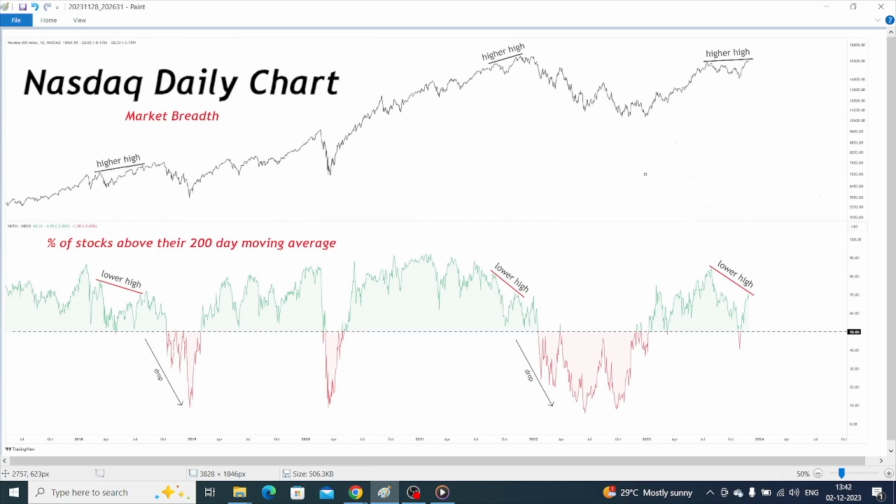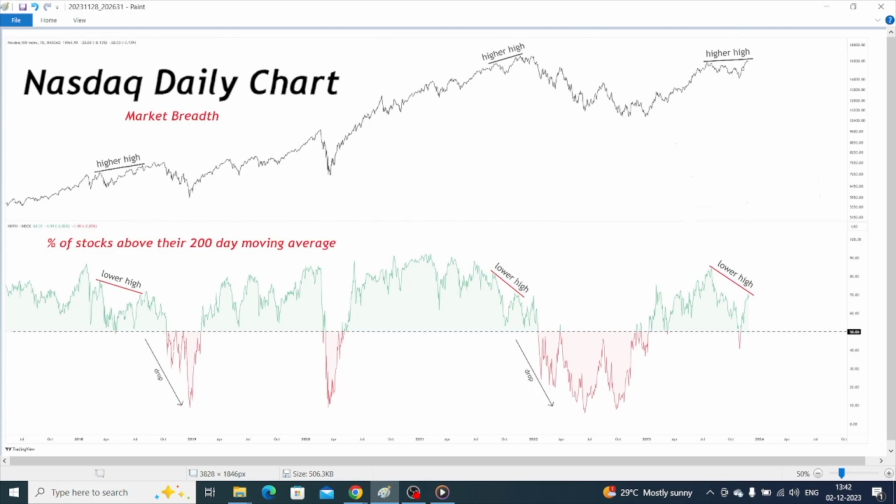So what does this 200-day moving average signify? This is a very secular concept: if a stock is moving higher, or is above its 200-day moving average, we say that the broader trend is up, and vice versa, correct? So I have constructed how many stocks are hovering above their 200-day moving average.